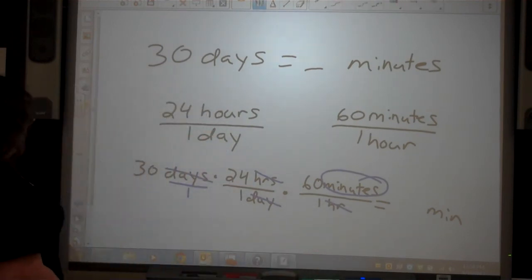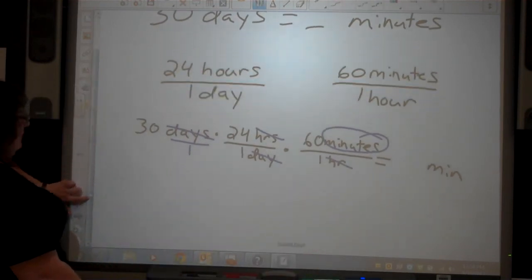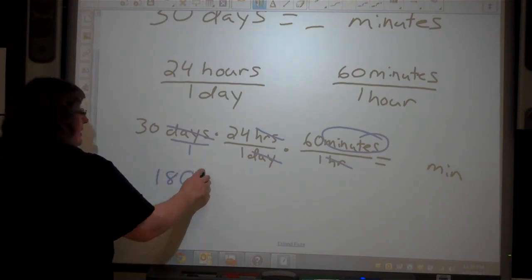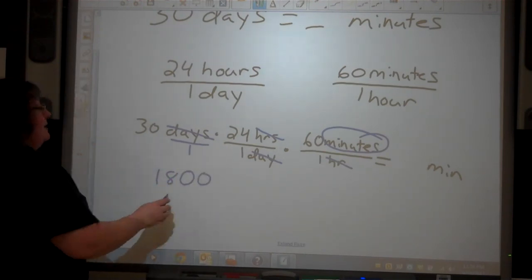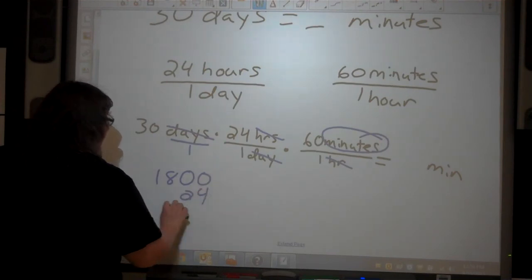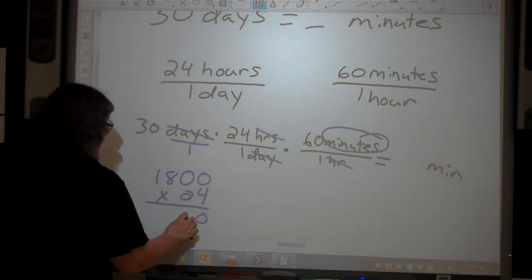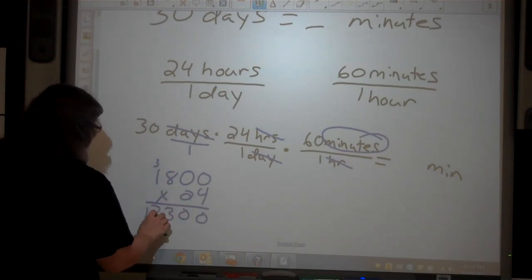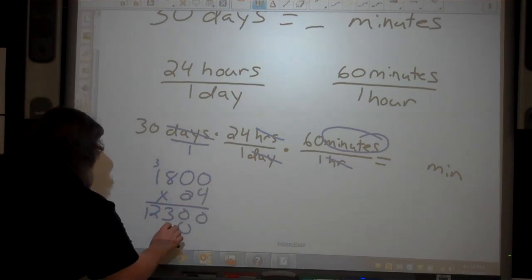Okay? So when we do that math, I'm going to do it the way I do it without a calculator. 180, actually 1800 times 24. Okay? So you guys, if you have a calculator close by, you can do it with your calculator. I'm just going to do it the long way.